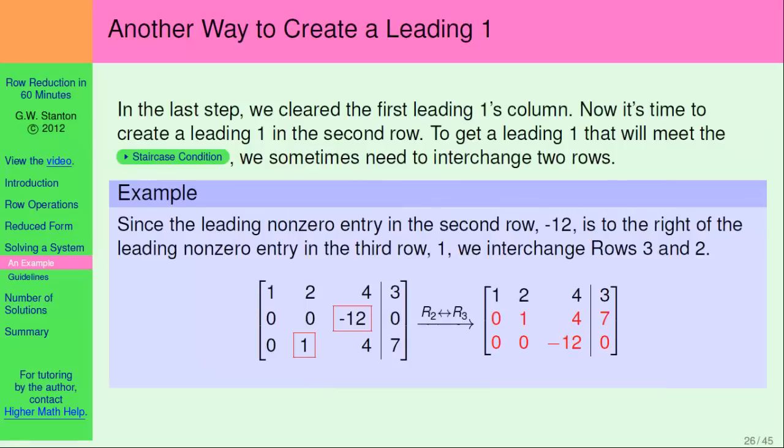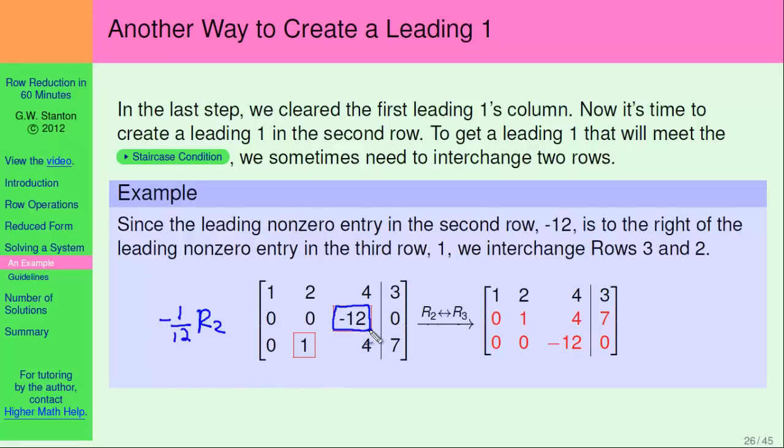Here we encounter the exception that I mentioned before. So our leading non-zero entry in the second row is negative 12, and one way to make this a 1 would be to multiply row 2 by the reciprocal of negative 12, which is negative 1/12.